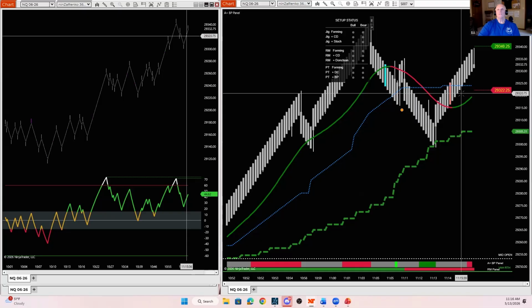Give it just a few minutes. See if that first A plus setup plays out. Entry is on the second reversal bar.